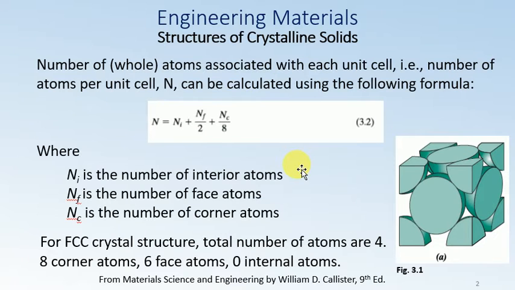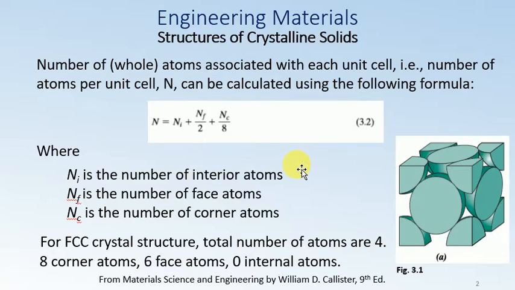We move on to the next slide. As we have seen in our previous lecture, a number of atoms are involved in each unit cell of each crystalline structure, and there are different numbers of atoms attached with each unit cell.